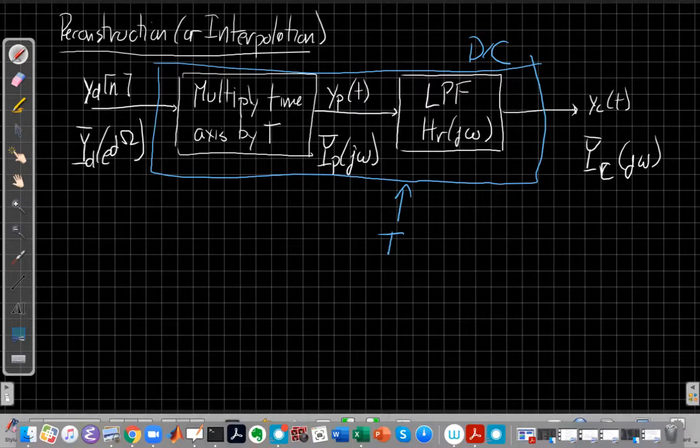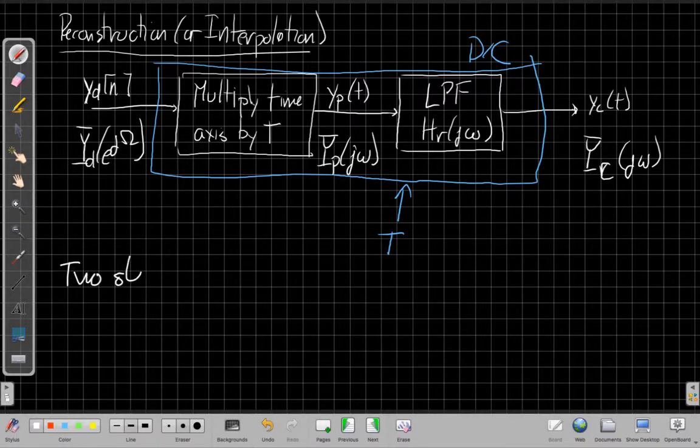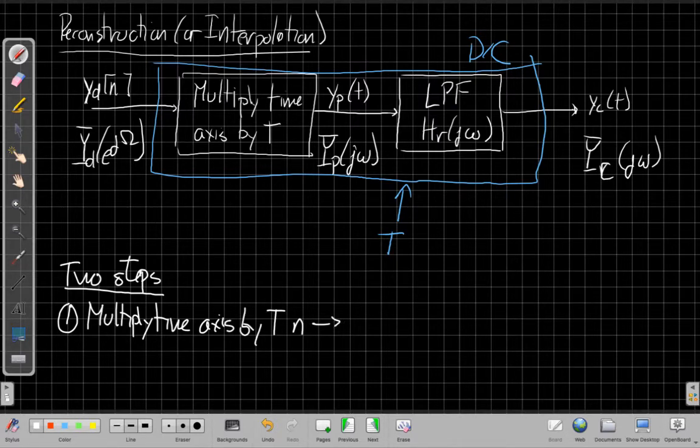Okay, and when we do this, not surprisingly, the first step is, if we're going to multiply the time axis by T, we're going to divide the frequency axis by T. There's really two steps here. So the first one says that if we multiply the time axis by T to get from n to continuous time, that's equivalent in the Fourier transform to dividing the frequency axis.